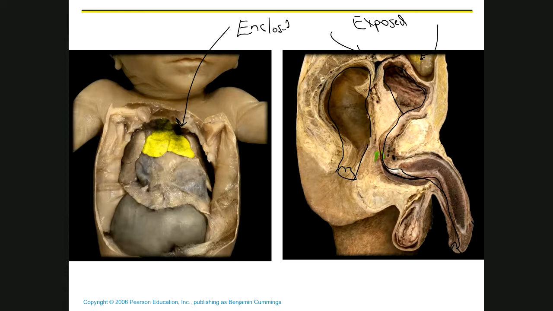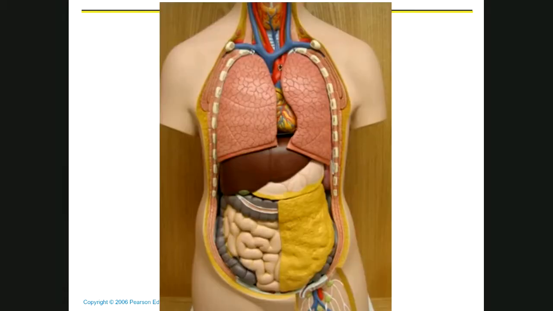Well, let's look at these enclosed cavities first. Here is a model showing these enclosed cavities. In order to get into this model, we took the plate off the front, but if this were a human body, you'd have to cut it. You'd have to penetrate the body wall to get in here. And look, what you see are lungs in here. Here's the heart. Here's the liver.